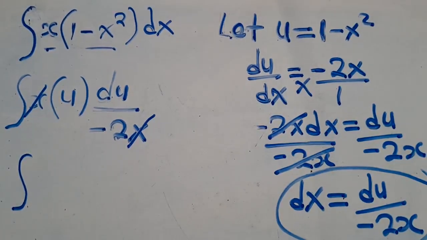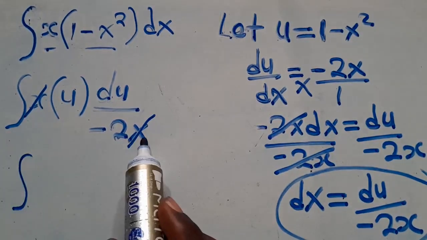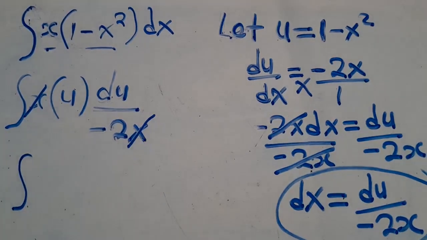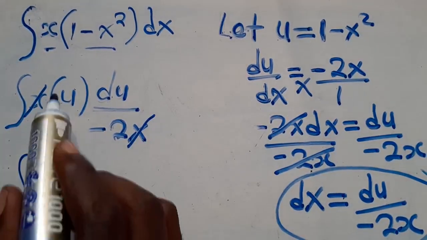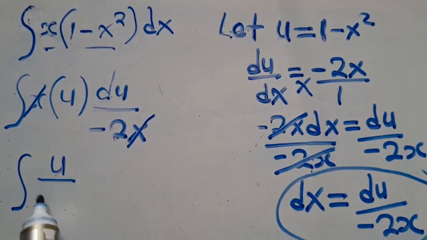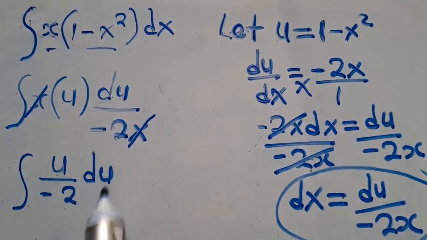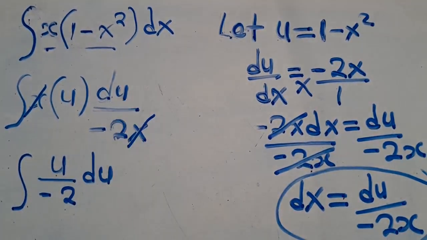The x there and that x will cancel out. So what you are going to remain with will look like this: you are going to have a u there, then over negative 2, then du.